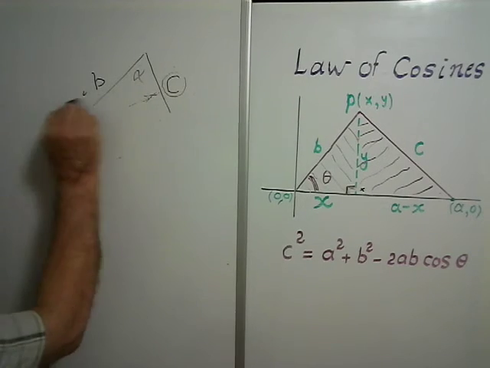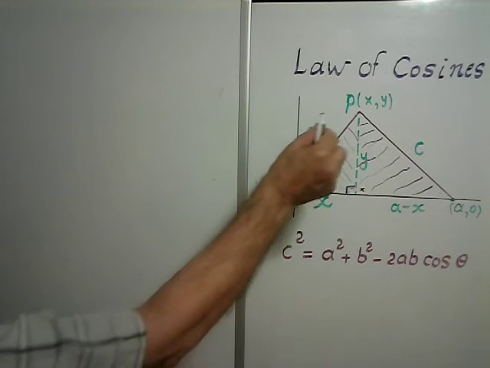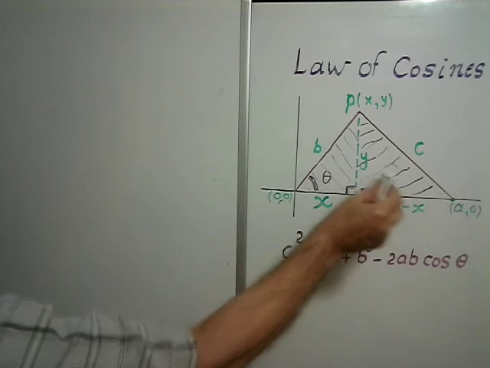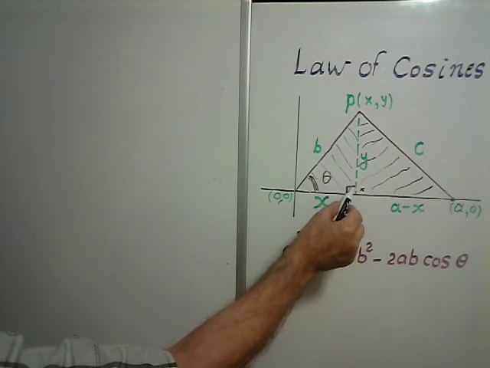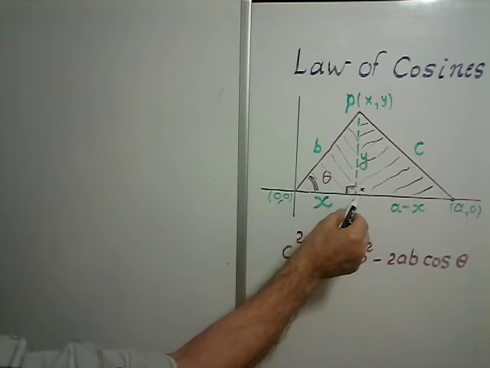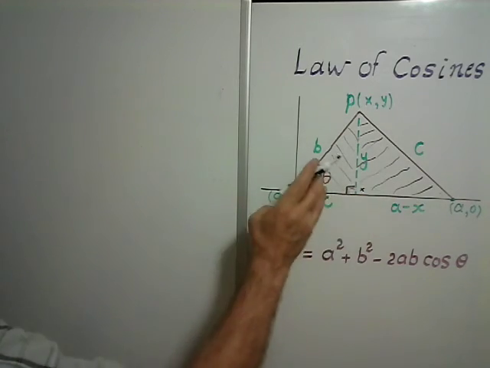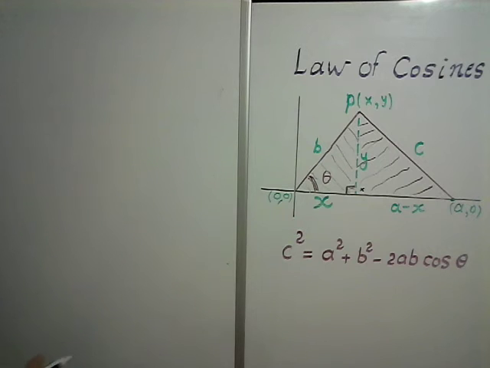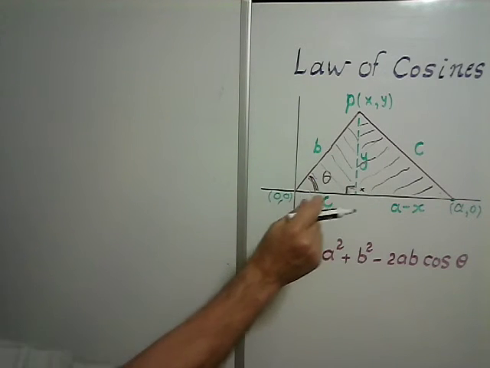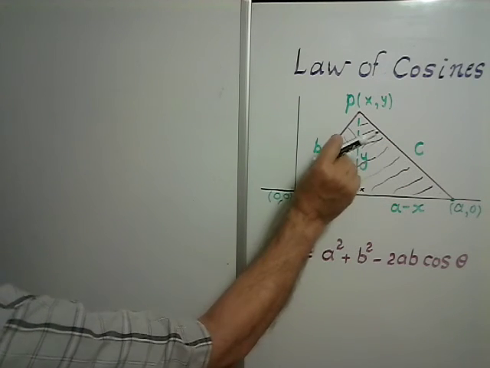To prove this law, consider this shape here. As you see, we got this line make right angle here with x-axis and split the whole triangle into two small triangles. So we'll try to apply Pythagorean theorem in both of these two triangles.